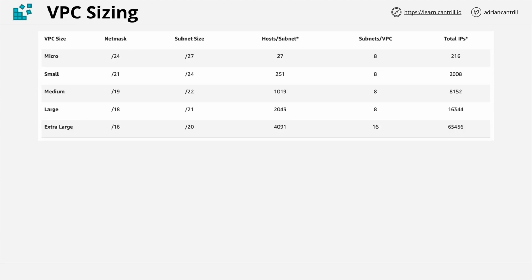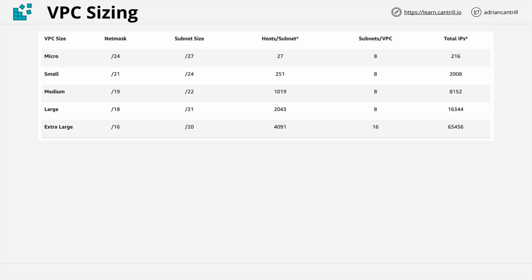Each subnet is a /27, which means 27 IP addresses per subnet and a total of 216. This goes all the way through to extra large, which is a /16 VPC with 16 subnets inside, each of which is a /20, offering 4,091 IP addresses per subnet for a total of just over 65,000.